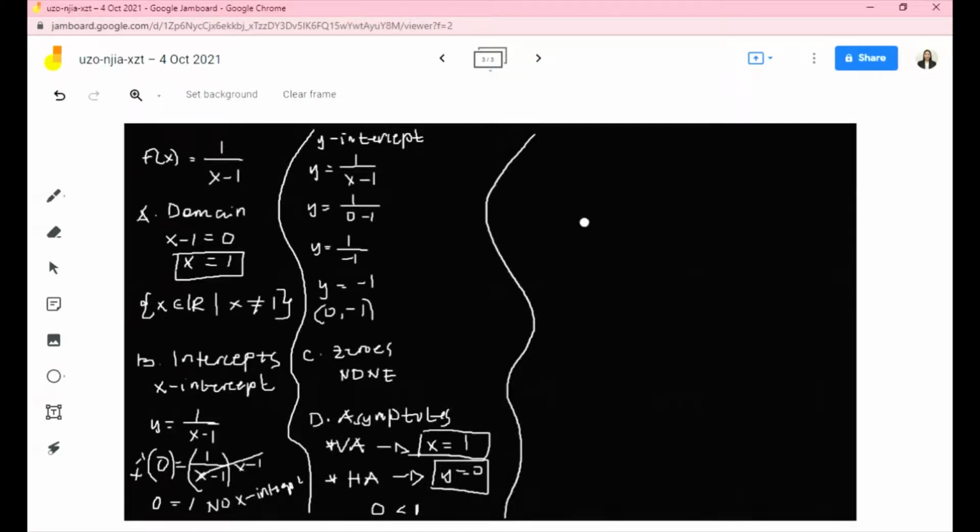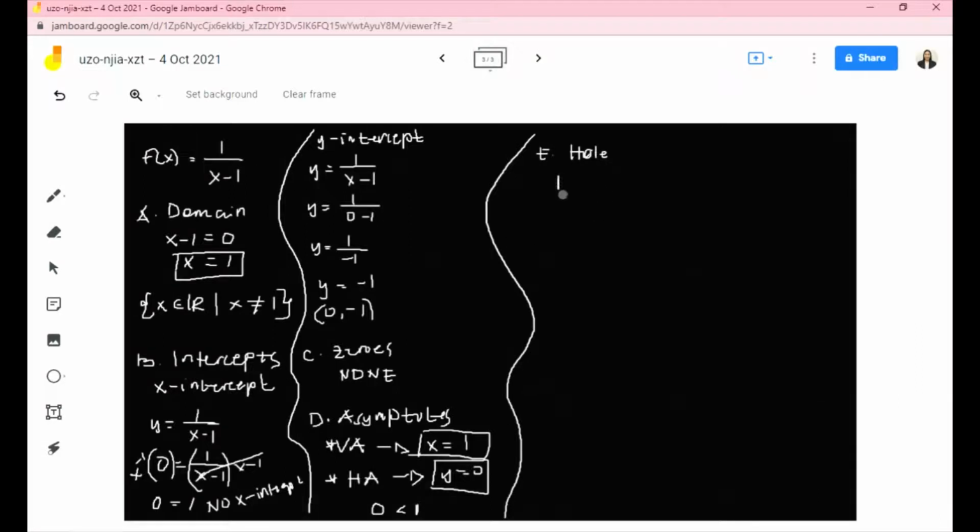Now, let's continue with the hole. The hole will only exist if you can see a common factor from the denominator and the numerator of your function. But in this case, we cannot see one. There's no numerator that will be cancelled except 1.